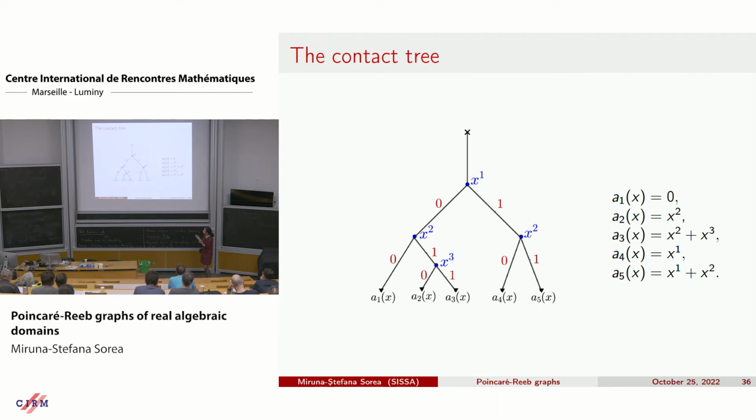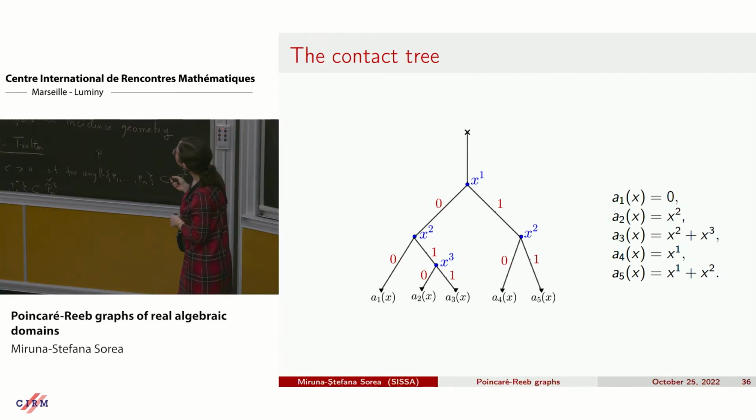And actually, you can also do it the other way around. If you have a finite set of polynomials in one variable, you can associate to such a set a tree that encodes the contact between the polynomials. So you see that A4 and A5 are the same up until the power 1 of x.